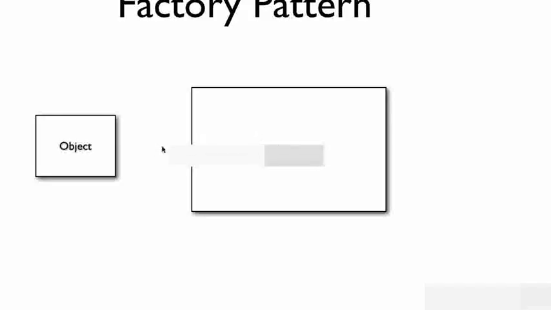It's analogous to an actual factory, the whole purpose of which is to produce objects. So how does the object factory produce objects? It reads from a configuration. It probably has a configuration file somewhere, or some metadata, which has details about all the objects that it needs to create. It's a blueprint for all the objects that this object factory has to create.